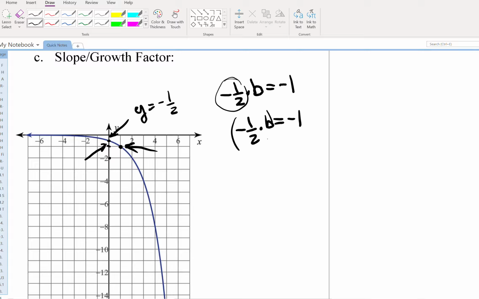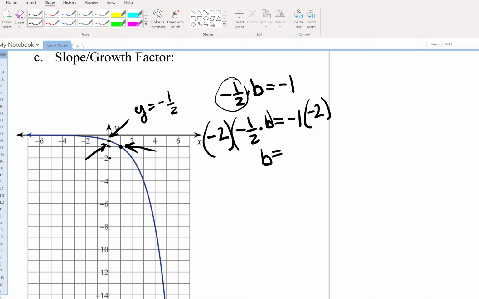I'm going to multiply this by the reciprocal, negative 2. So negative times negative is positive, and then 2 times 1/2 is 1. So this is 1b, and the 1 is not necessary. I'm just going to erase the 1. But over here, I need to do the same thing. Again, multiply by negative 2.